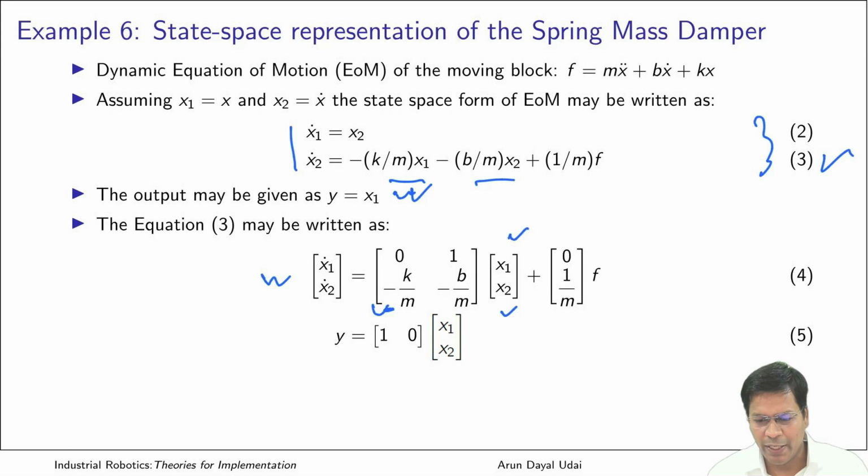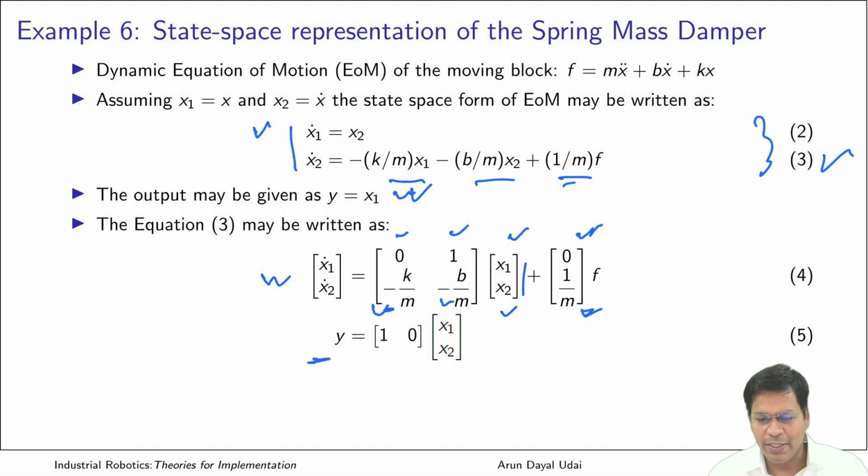Similarly, minus b by m from equation 3 comes here, and it has both the terms for x1 and x2. Whereas in the first one, it is only x2 with no coefficient, just 1, so it is 0 and 1 over here. Now the part which is here: f appears only in the second, that is x2 dot. So this turns out to be 0. So it is expressed like this.